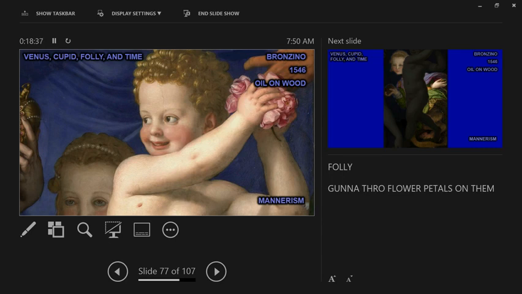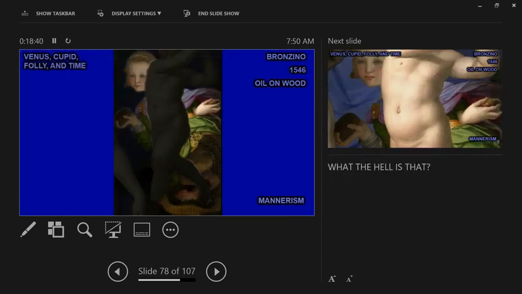And then behind him, my notes say, what the hell is that? All right, so she has a child's face. In her hand, she is holding a honeycomb, and she has lion's legs.